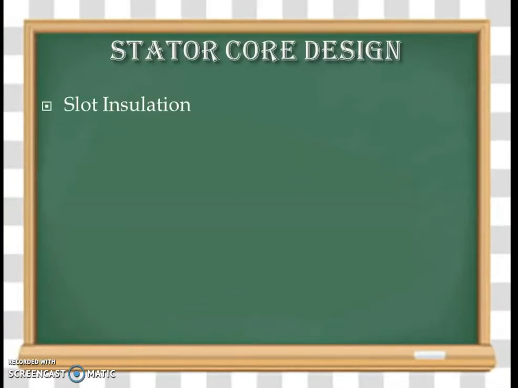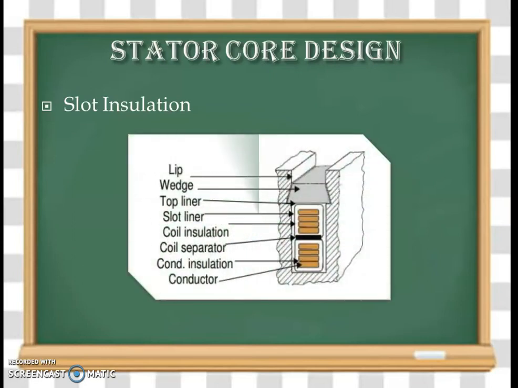So the next step is slot insulation. Depending upon the voltage rating and depending upon whether it is a single layer bursting winding or double layer lap or wave winding, we have to consider slot insulation. As shown in the figure, we have lip area, then this is our wedge area. We have conductor or coil here.